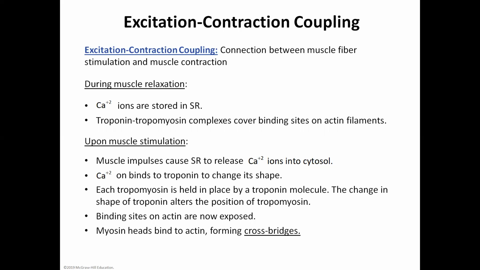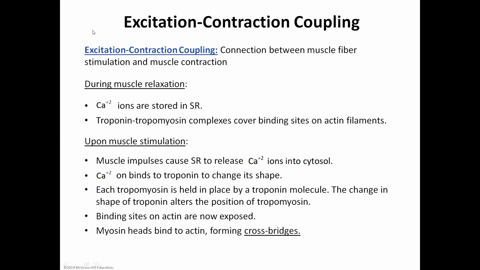It gets that action potential, it senses it, and then it's able to start releasing calcium. Why calcium becomes important is that it's going to change the actin filament. As I said before, actin has two components, a troponin and a tropomyosin piece. When calcium gets released, it changes those binding sites. And when it changes those binding sites, it allows those myosin heads to interact with actin.